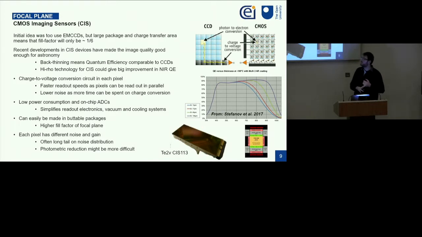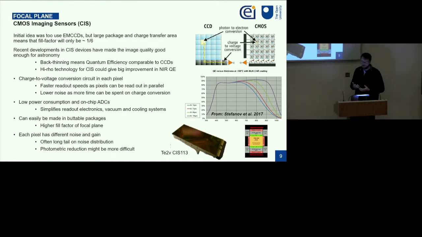With back thinning, they can now have quantum efficiencies very close to what CCDs are offering, and new high-rho technology can improve the near-infrared quantum efficiencies of CMOS devices, which will be very useful for GravityCam. As you can see, you can get very far out into the near-infrared and really improve that.